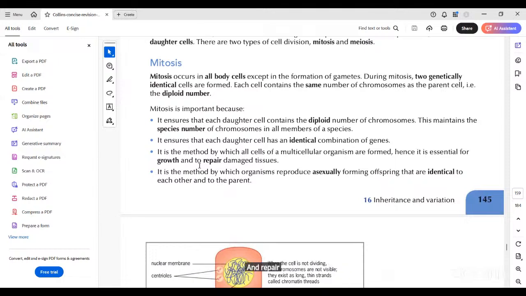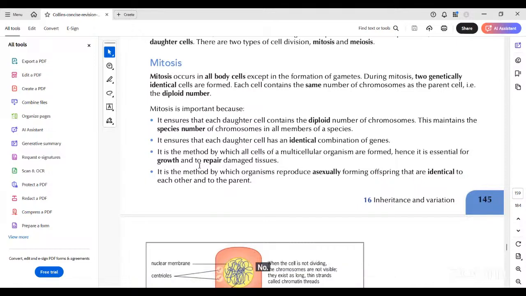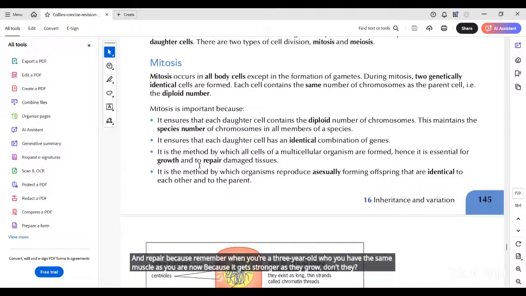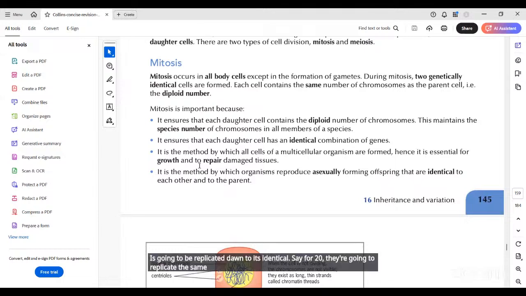Because remember, when you're 3 years old, do you have the same muscle as you have now? No, sir. Because you get stronger as you grow. So that means your muscle needs to grow. What makes it grow is mitosis, because the same cells are replicated down to identical. No difference, no changes, the same replication, just more cells.